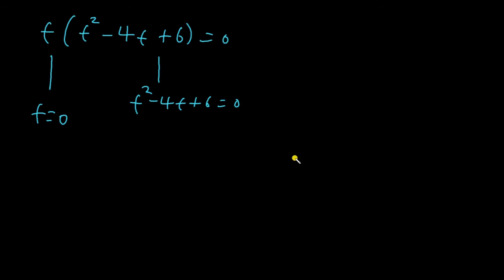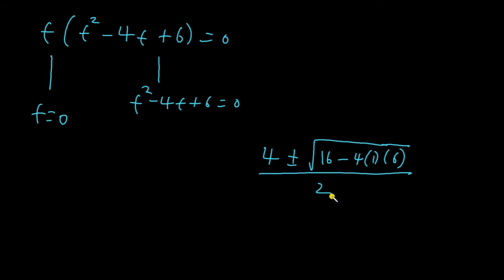Right, everyone's singing in their heads right now, I'm sure. Negative b, so it's going to be positive 4, plus or minus the square root of b squared, so negative 4 squared, which is 16, minus 4 times a, which is 1, times c, which is 6, all over 2a, which is over 2, okay?